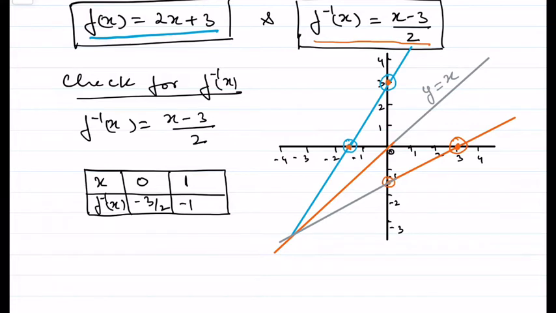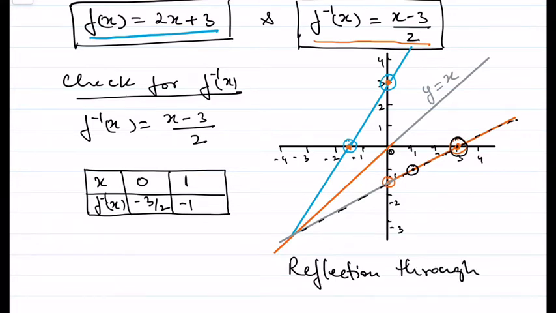For 1 we will get -1, and both these points fall on this orange line. So this orange line represents f inverse x. So the reflection of a line through the line y = x will always be an inverse function, or it will always represent f inverse x.